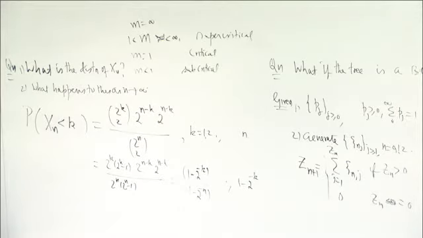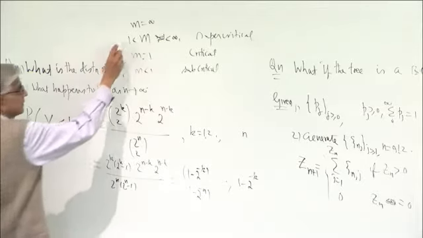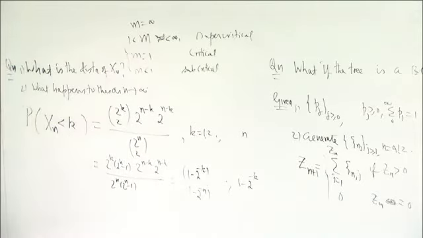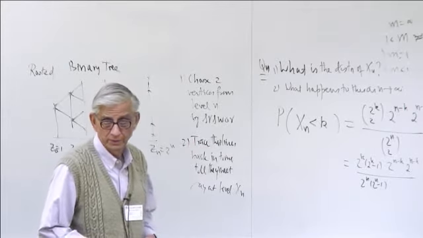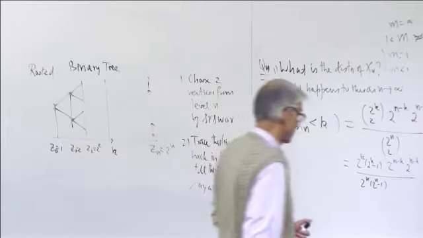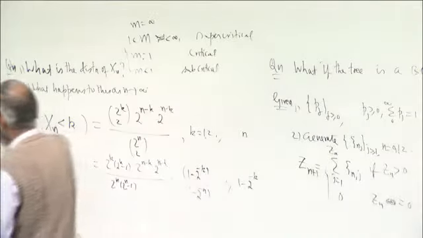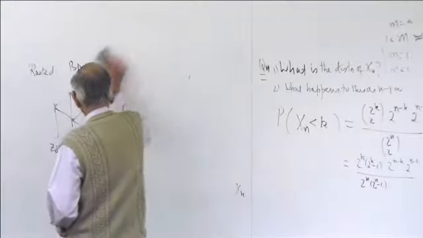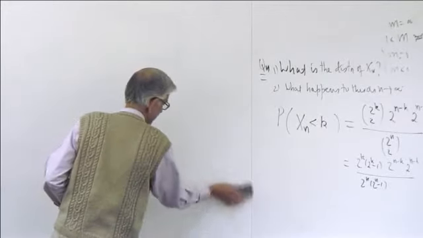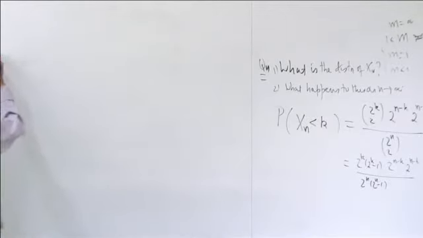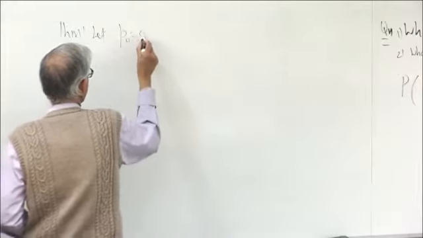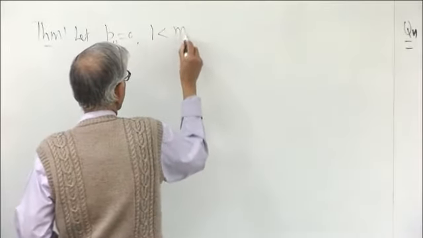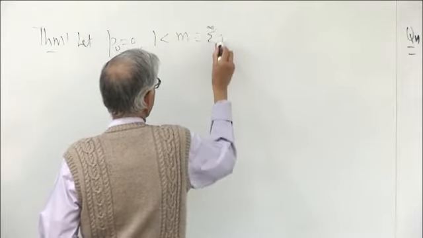All right, so now let me describe the results for these cases which have been well studied in the literature first. So if you take a supercritical branching process, and let's assume that there is no extinction, that is P naught is 0, here is the first result that we can state. Theorem 1: let P naught be 0, no extinction, and let the mean number of children born to one parent be finite.